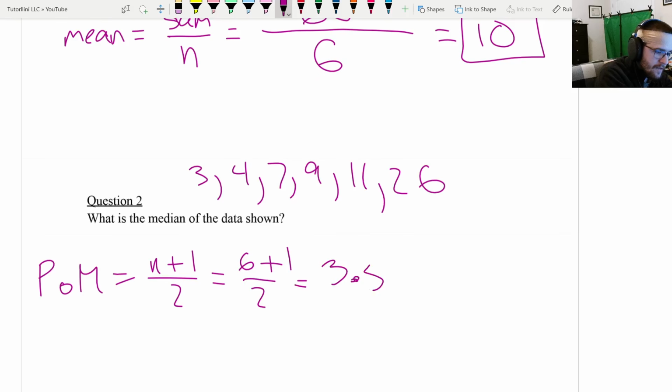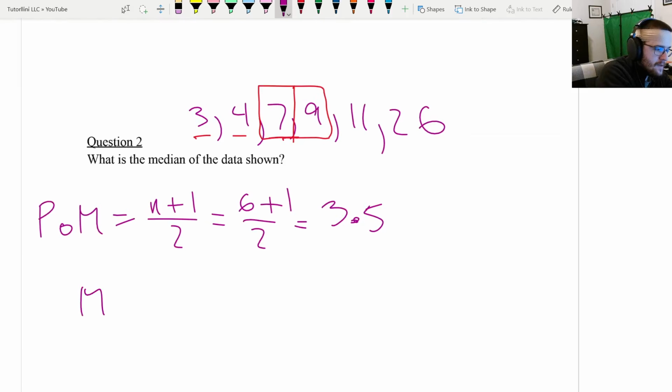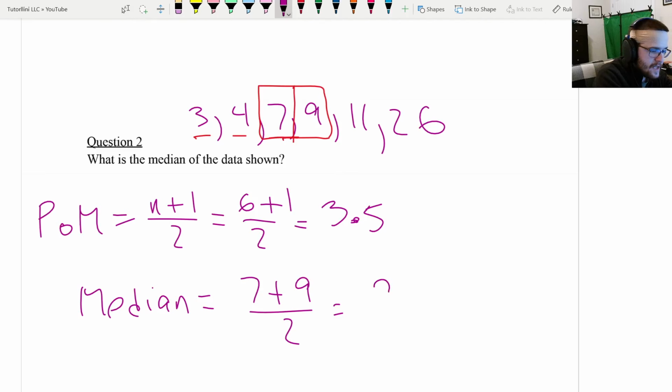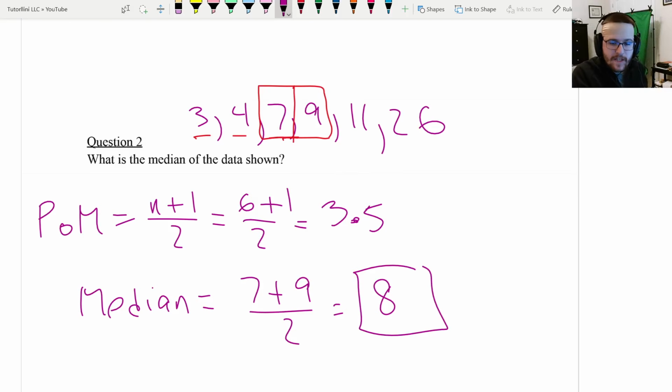That's 3.5. So we have to take the average of the third and fourth number, 1, 2, 3, 4. So that's these two. So the median is equal to 7 plus 9 over 2, which is 8. And I believe that is the answer.